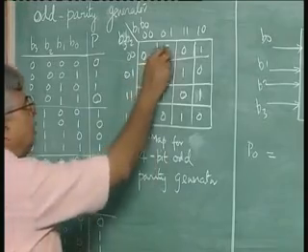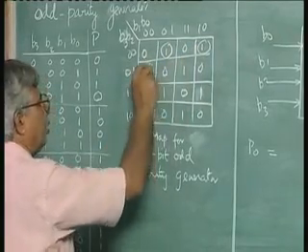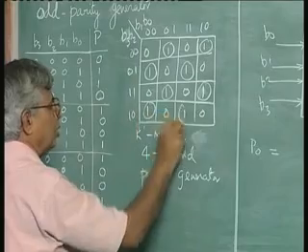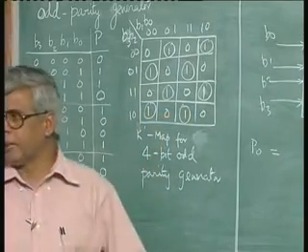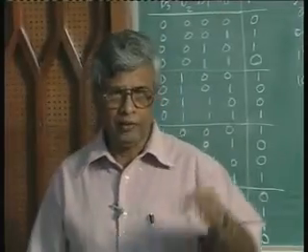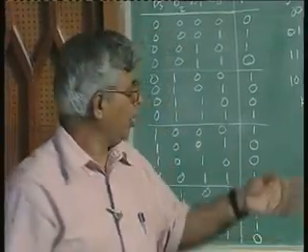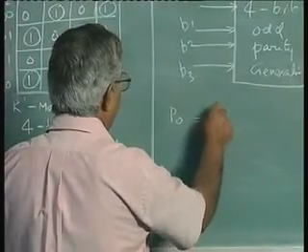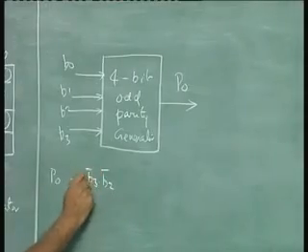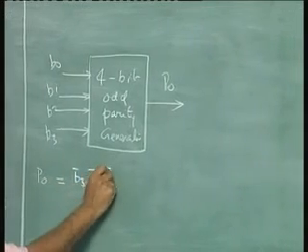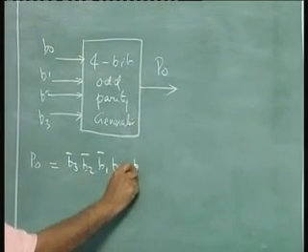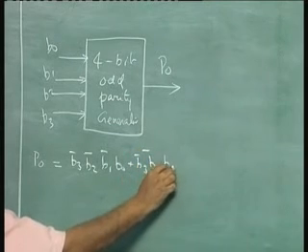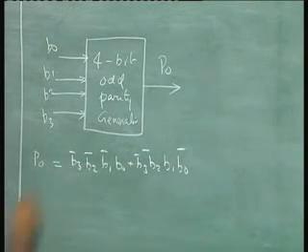Each of these ones is an essential prime implicant, which has to be in the final expression. All essential prime implicants have to find a place in the final expression. So each of these terms can be written quickly: B3 bar, B2 bar, B1 bar, B0; B3 bar, B2 bar, B1, B0 bar, the first 2 terms.